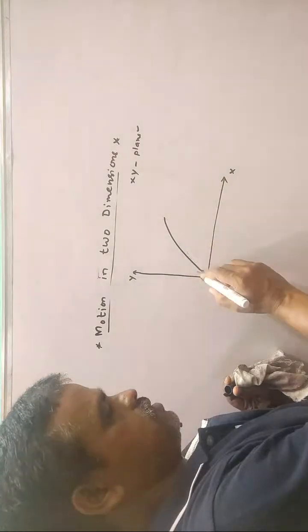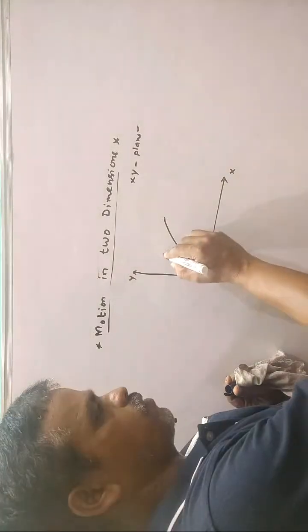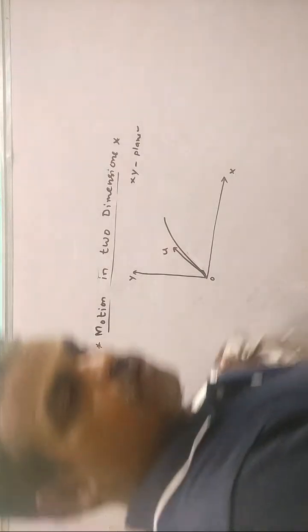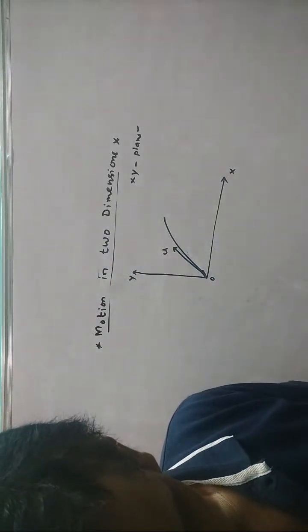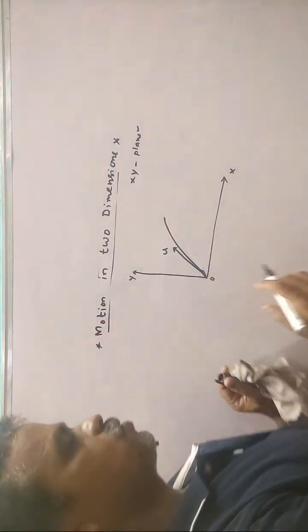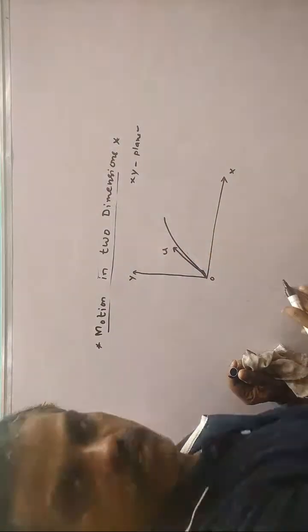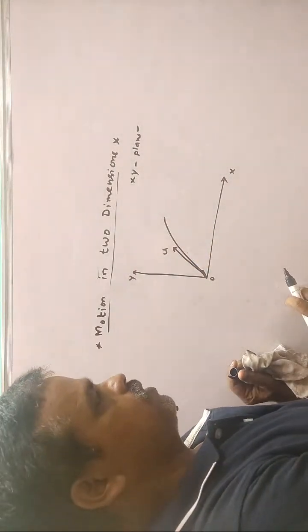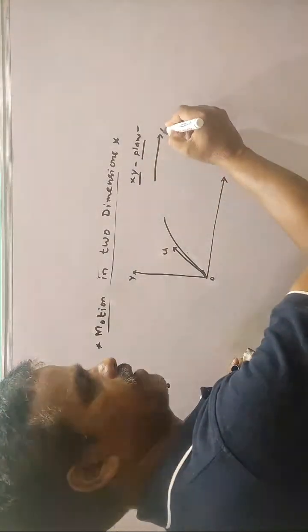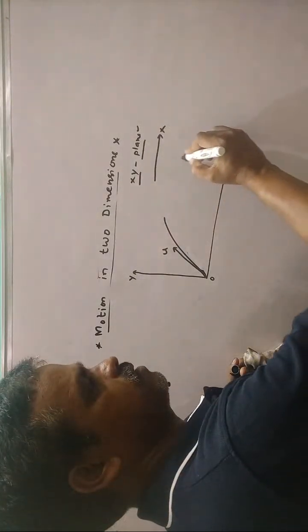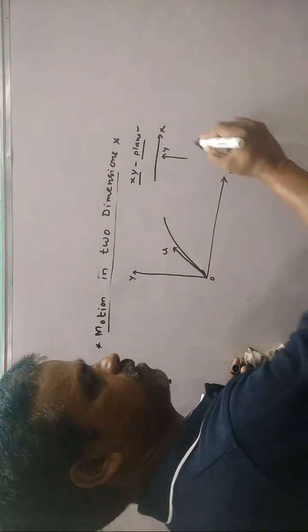Then its velocity gets two components, and acceleration also will get two components. Up to now we discussed the motion along x axis, otherwise along y axis or z axis.